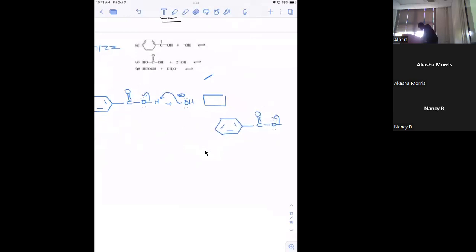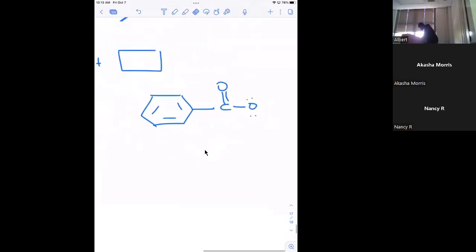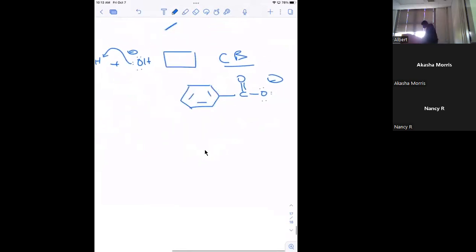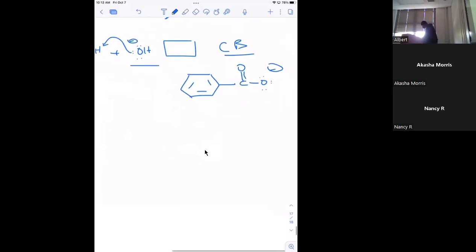This is the conjugate base. Electrons in, boom, that's my conjugate base. It's important to understand how to get from the acid to the conjugate base and vice versa. And then the conjugate acid is the base plus that proton, which is going to be water. I'm going to write it out. Is that right?